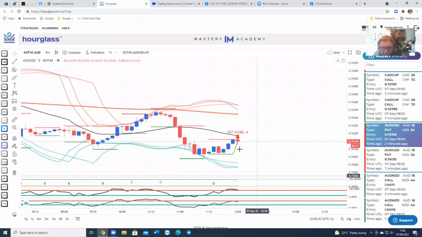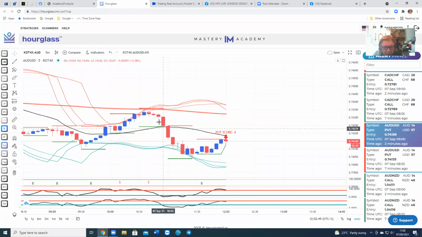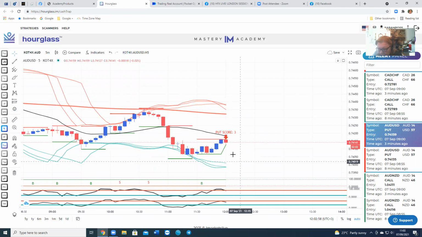So that is still good for a put here, because you can see we've got the 200 moving average as red. That's a longer term, what you call an exponential moving average. It's moved back up.